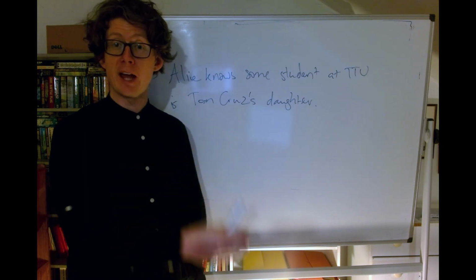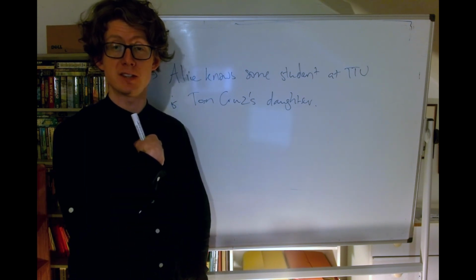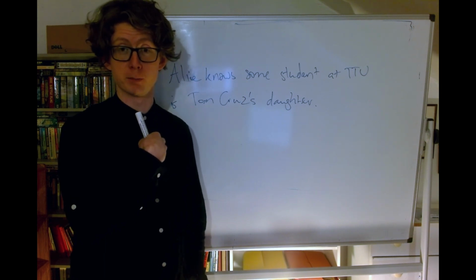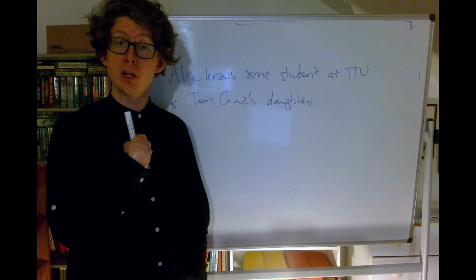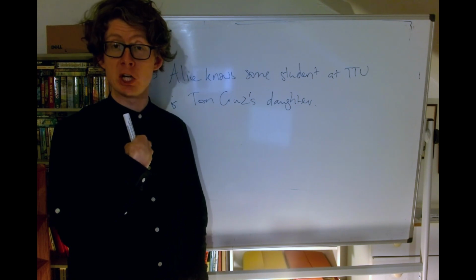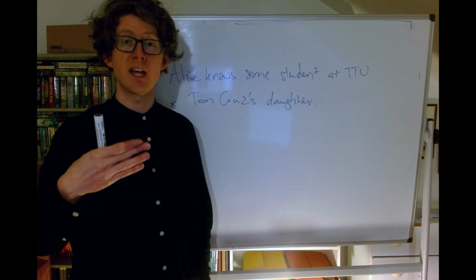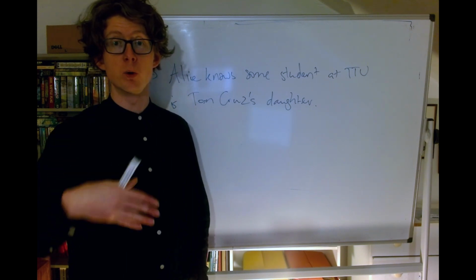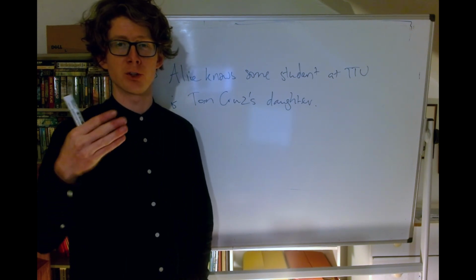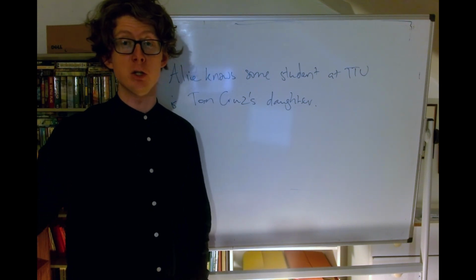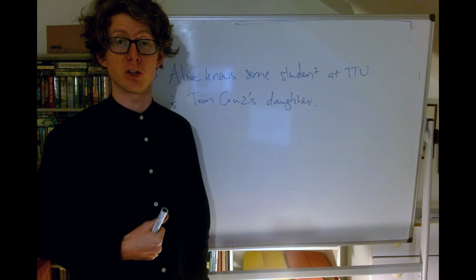But now let's imagine Alice comes along to me and she says, oh, I met this person, Carol. Turns out Carol is Tom Cruise's daughter. Now, I know exactly who Carol is. Let's imagine I know that Carol is, in fact, a student at TTU. And imagine I want to tell you that Alice knows or met the person who is Tom Cruise's daughter, but I don't want to give away their identity. I don't want to give away to you that the identity of Tom Cruise's daughter is Carol.